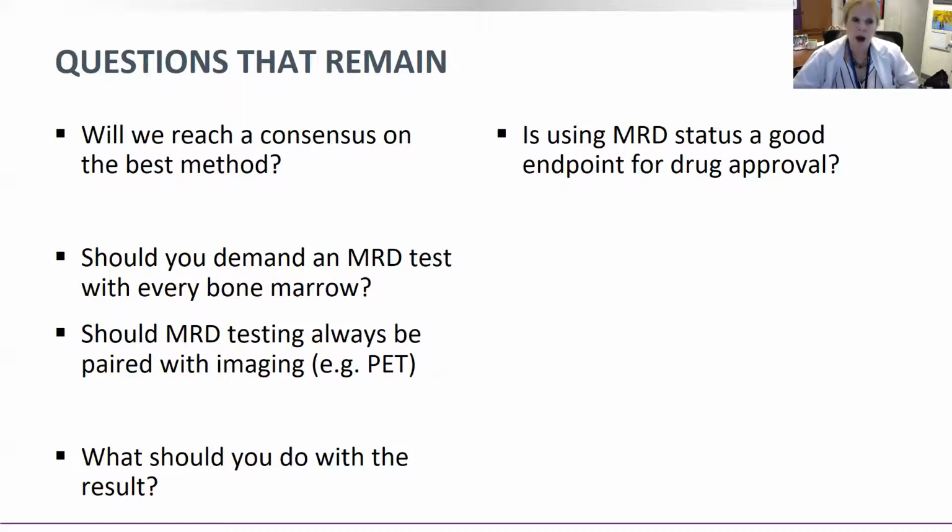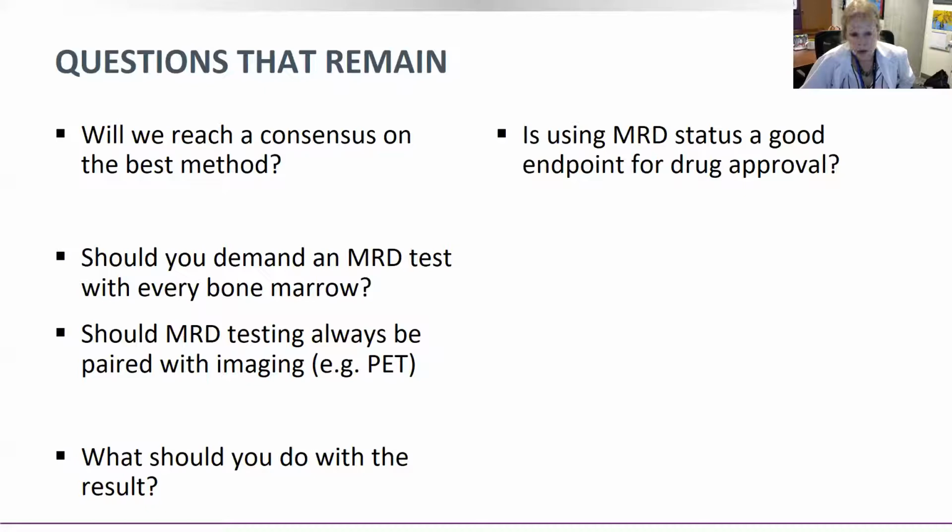Now I would caution anybody to draw conclusions to say, okay, I'm negative, I'm going to stop. One of the things that did come out in the French study that I showed you, looking at just as a group, it seems to be helpful to be MRD negative versus positive.